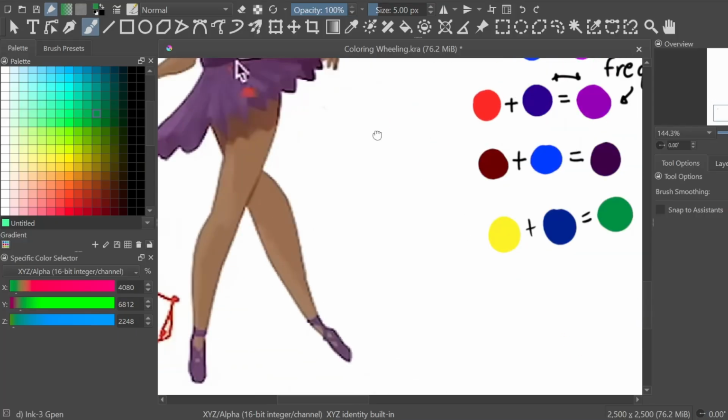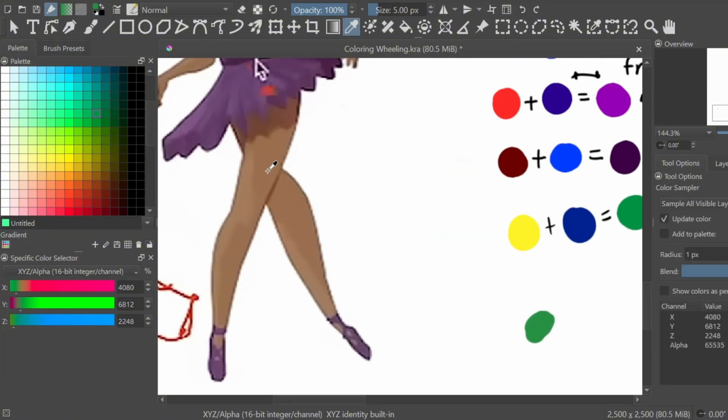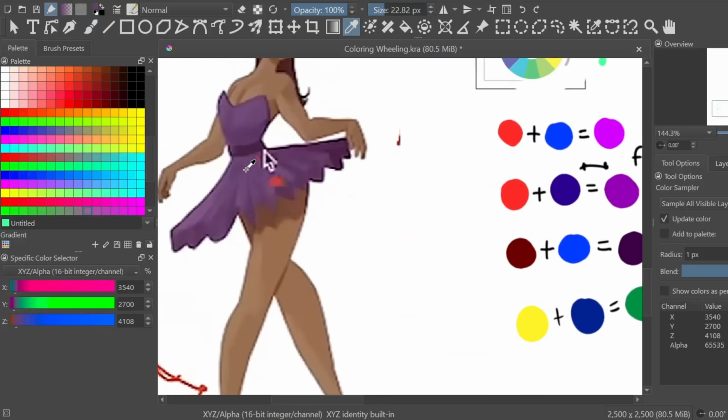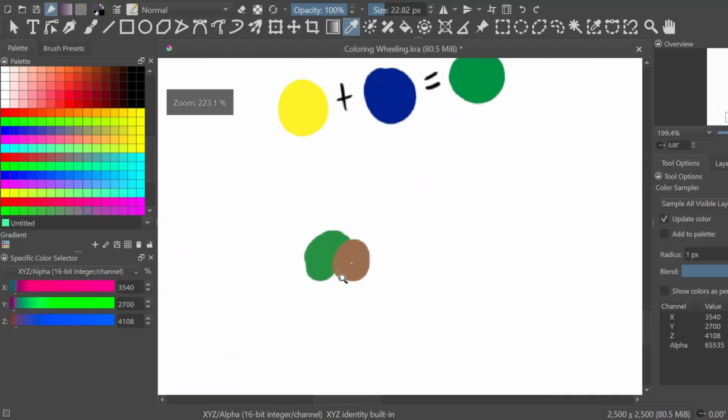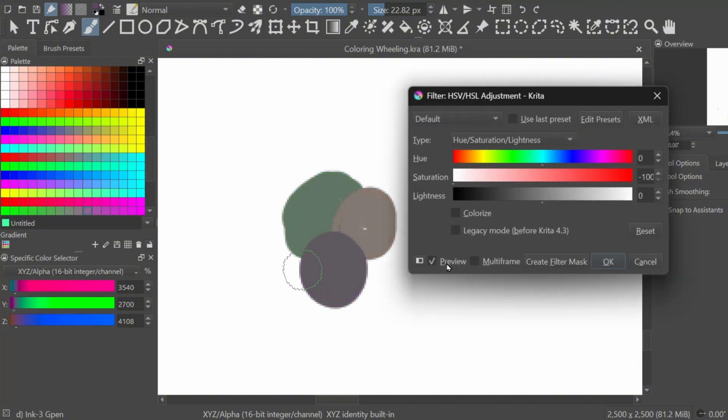If I were to draw the two, this green here, and then I were to sample this brown, and I were to draw it here, and then I were to sample this purple, this green, if I remember correctly, will look very similar to this purple in color. Yeah, these two are harder to tell apart than this one because it's closer to this purple than this brown.